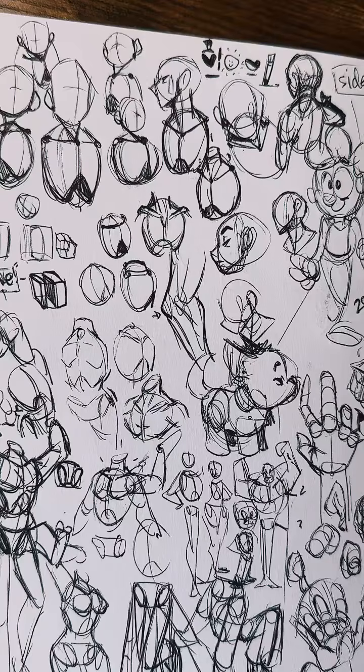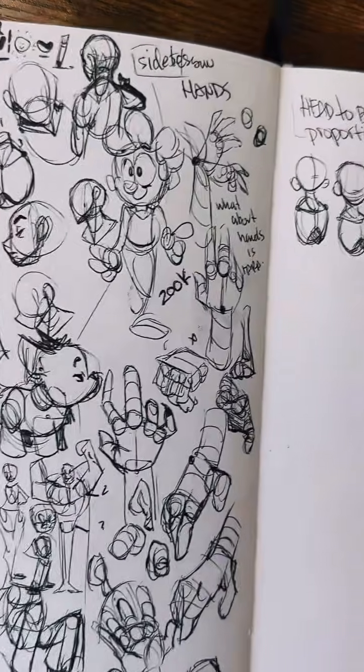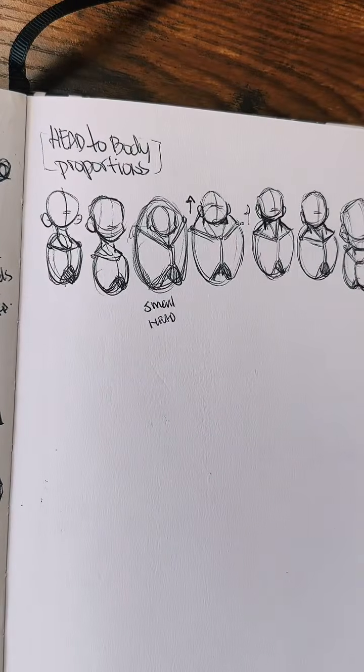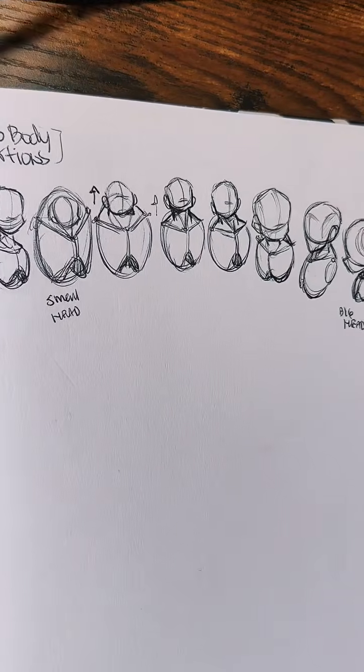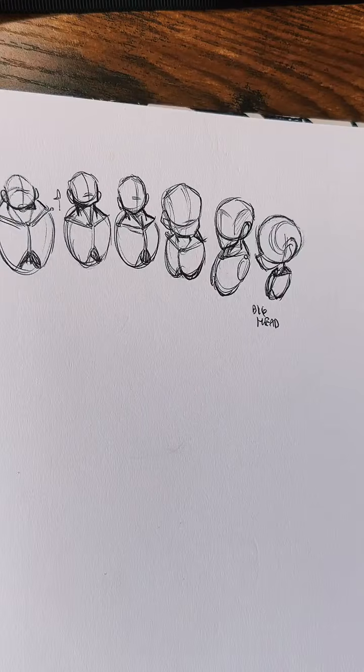And today, what I wanted to do, because it seems like this is something that bothers a lot of people, is I'm going to help you guys with body to head proportions. So I'm going to help you guys understand what happens when you make something bigger or you make something smaller.